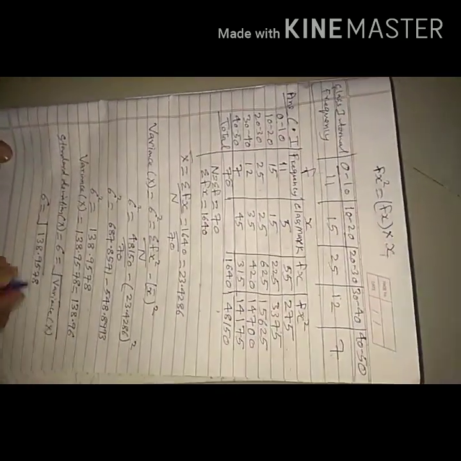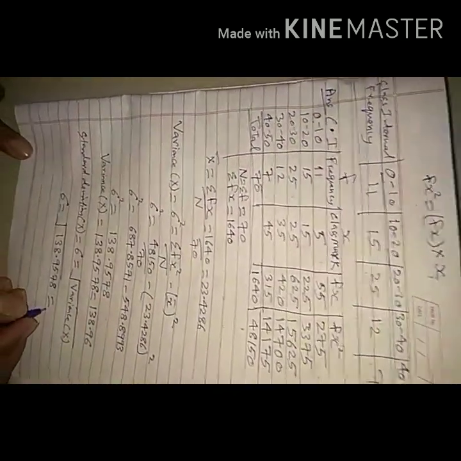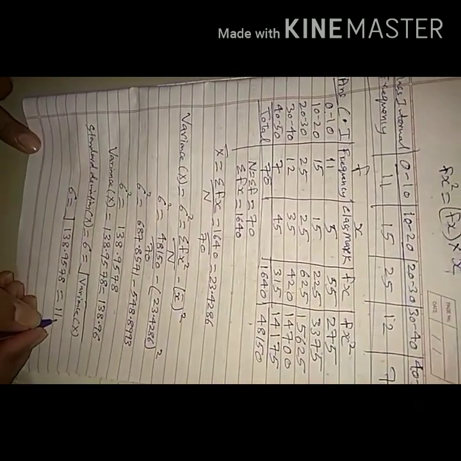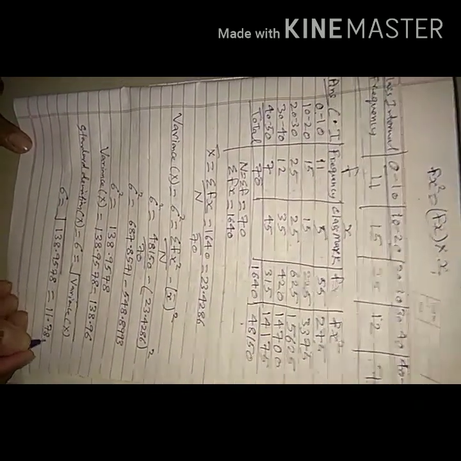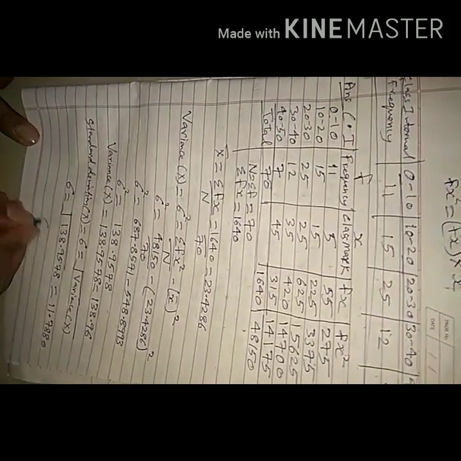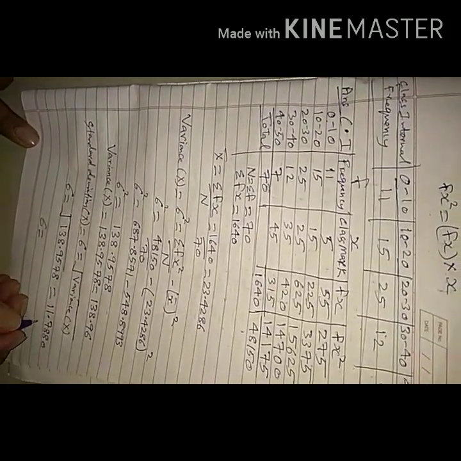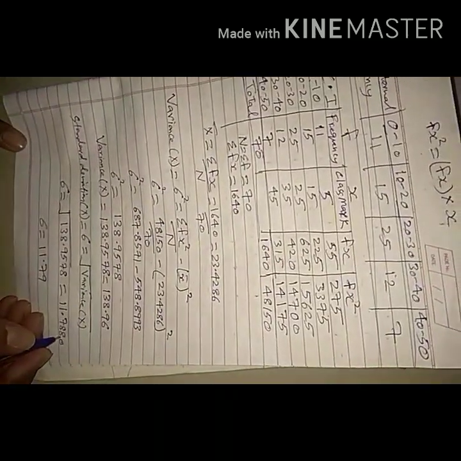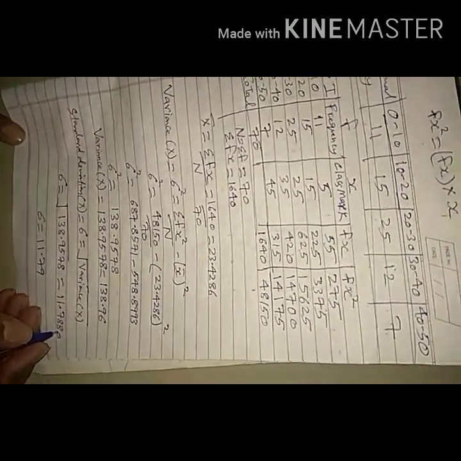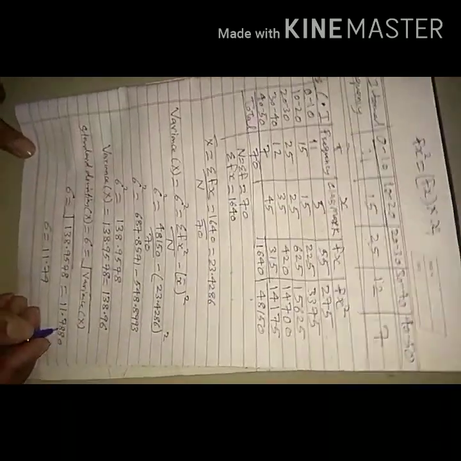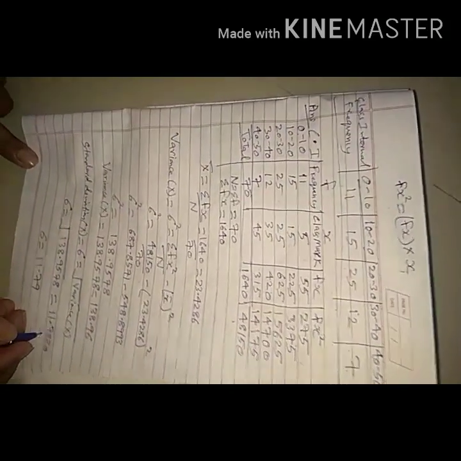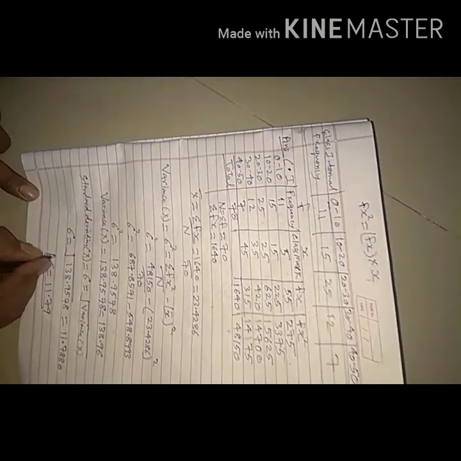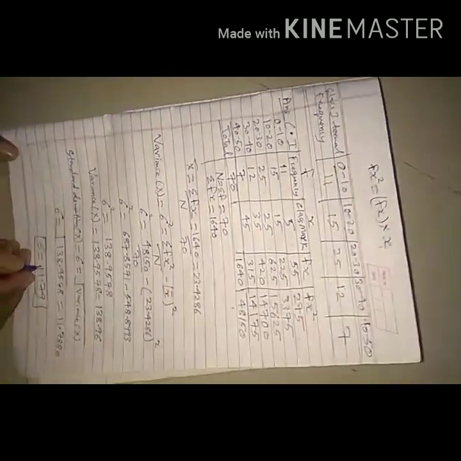Obtain the square root of this, you will get the standard deviation value. Using calculator, it will be 11.7880. If you want, you can round it off to 2 decimal places. It will be 11.79, because the third digit is more than or equal to 5, so you can add one more value here. So this will become 9 here. So 11.79 is the value of standard deviation.